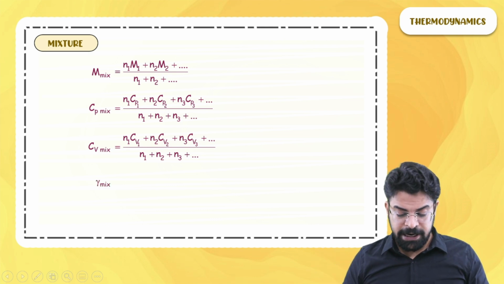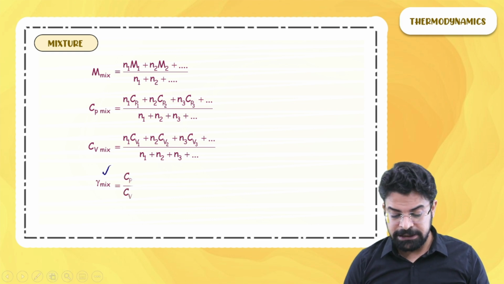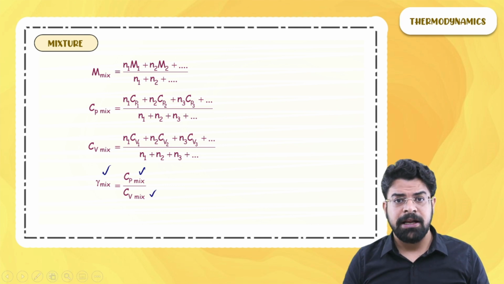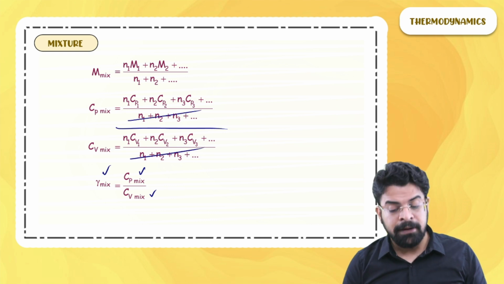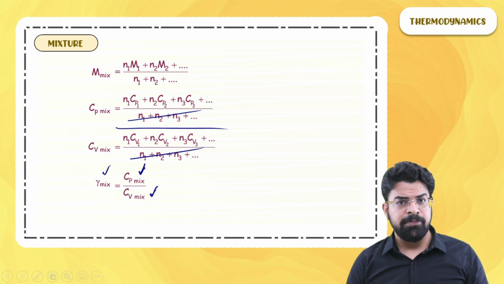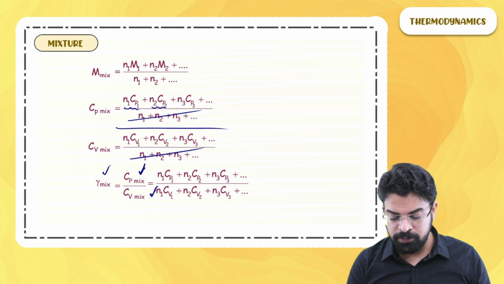If you need to write gamma mixture, you can write gamma mixture as Cp mixture by Cv mixture. That can be written as, divide them, so the denominator gets cancelled. So gamma mixture equals Cp mixture by Cv mixture, which can be written as N1 Cp1 plus N2 Cp2 plus N3 Cp3 upon N1 Cv1 plus N2 Cv2 plus N3 Cv3.